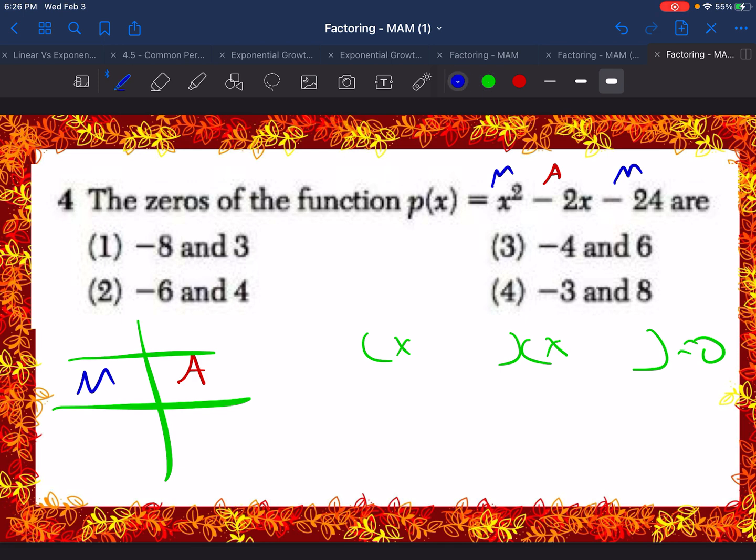What number am I trying to multiply to? It's -24. I'm trying to add to -2. Now, super tricky, but please use the numbers that they gave you in the choices. 8 and 3, 4 and 6. So can you think of 2 numbers that multiply to -24 and add to -2?